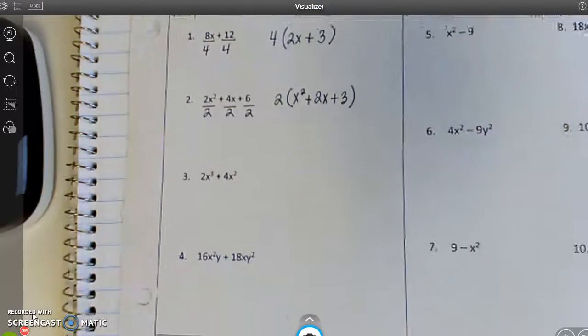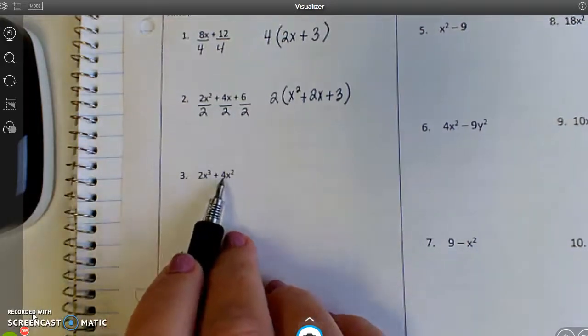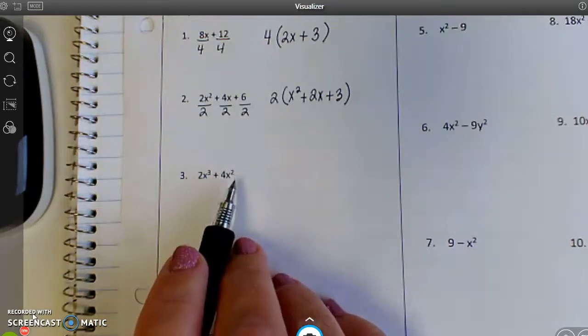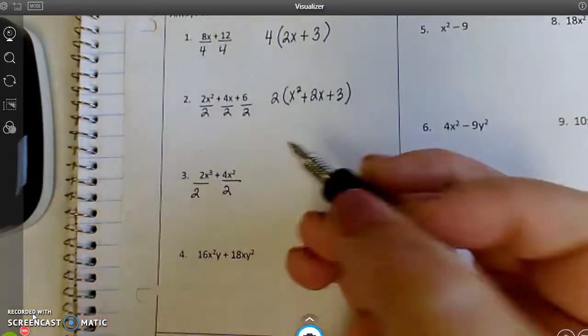Okay. Now, on number 3 and number 4, this is where there are x's in common that we have to think about. So first, think about the numbers. We have 2 and 4. 2 will go into both 2 and 4. So I know when I divide, I'm going to put a 2. Okay.